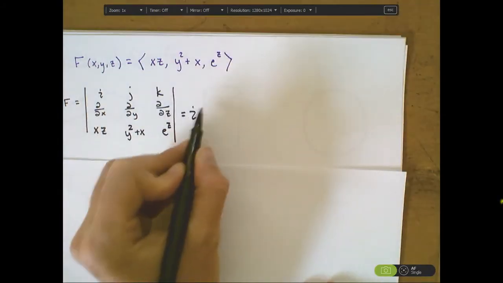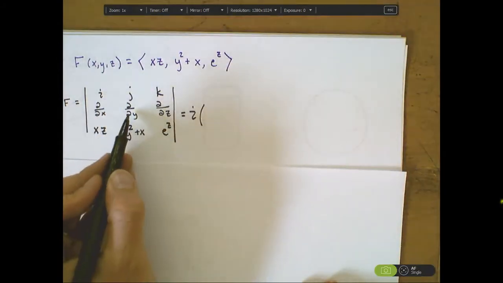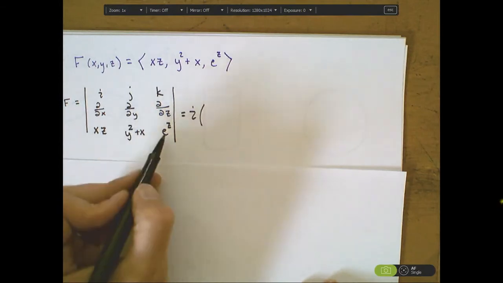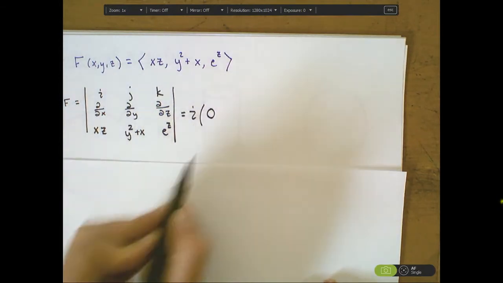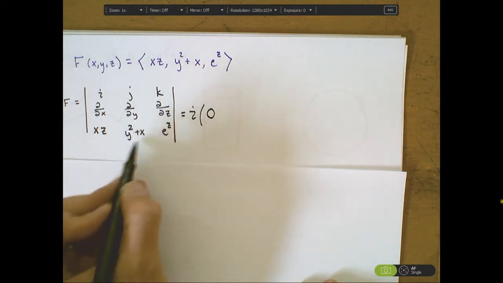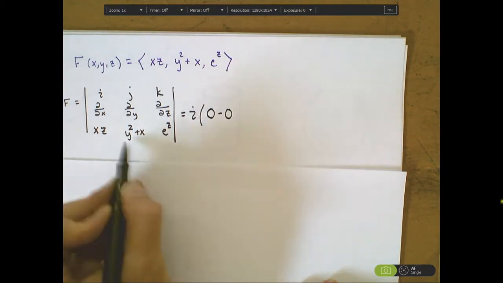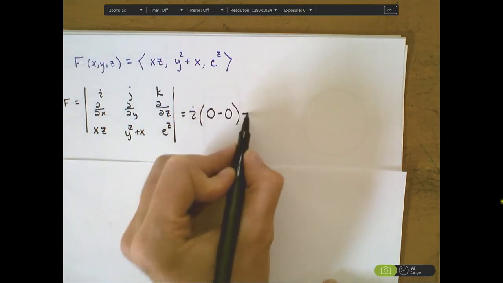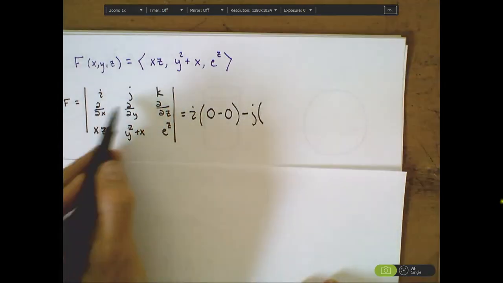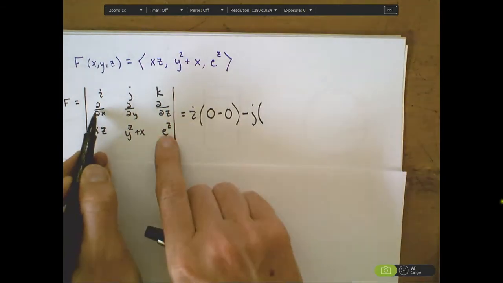So by taking the cross product, I see that the i component is the partial with respect to y of e to the z, which is 0, minus the partial of y squared plus x with respect to z, which is also 0, because there are no z's in this function.